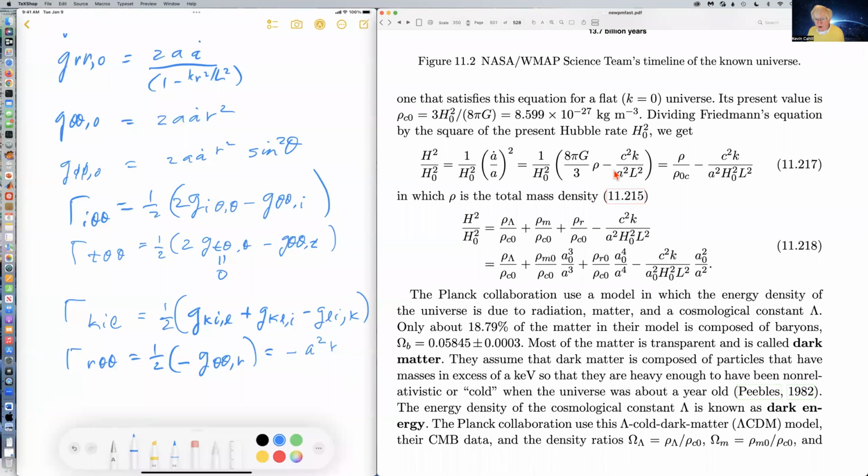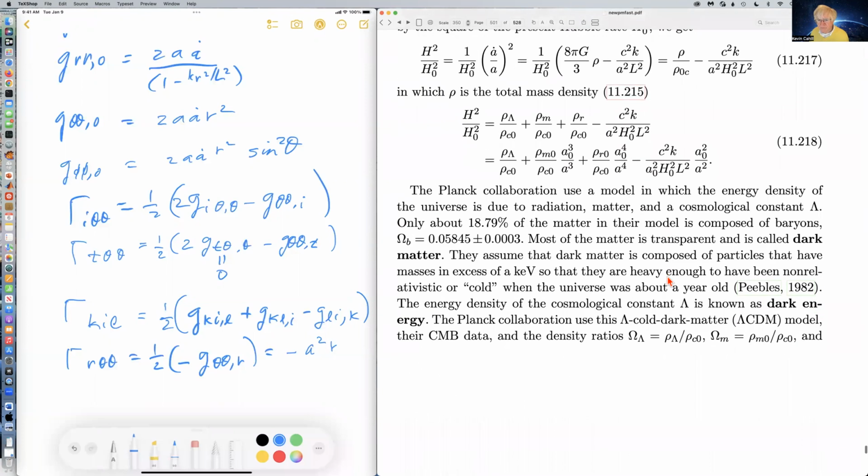And now what we can do is notice that H0 squared is related to the critical density, and so we have ratios of densities to critical densities and scale factors. And so this is omega lambda, this is omega matter, this is omega radiation, and then this can be thought of as omega geometry if you want.